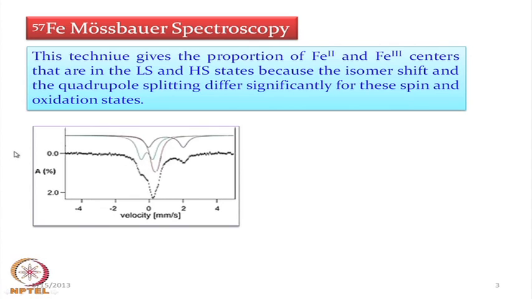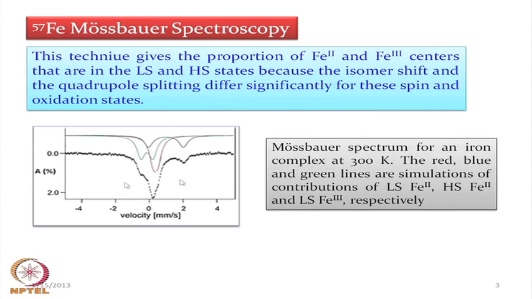So, this is the overall spectrum, and these were the corresponding simulated ones. That means we basically have 1, 2, 3 spectra within this particular overall spectrum, and this is the corresponding Mossbauer spectrum of an iron compound.